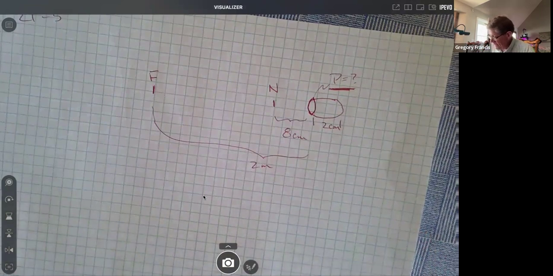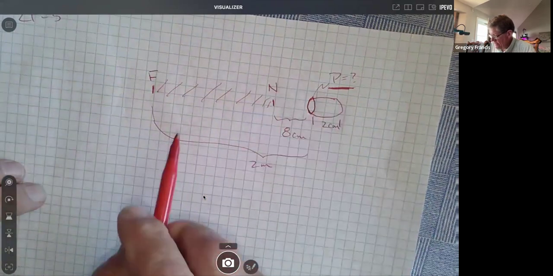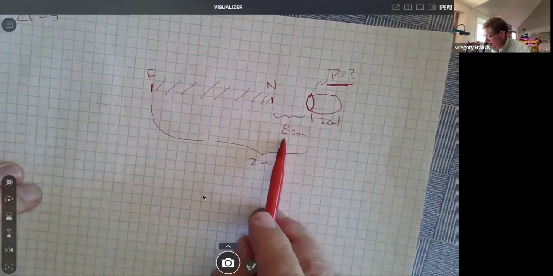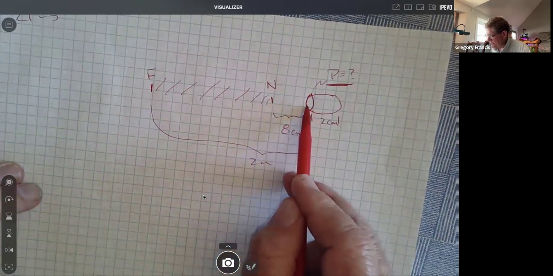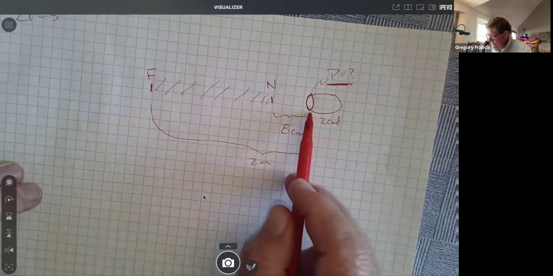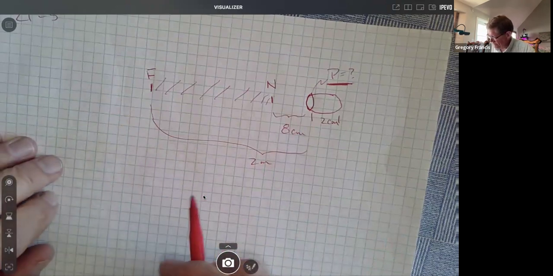We know that she can focus everywhere in this region between her near point and her far point. Her near point being 8 centimeters in front of the lens of her eye, and the far point being 200 centimeters from the lens of her eye. So let's do the far point first.